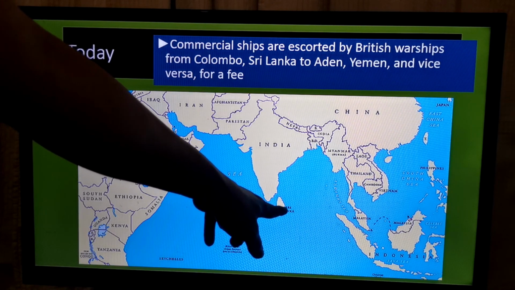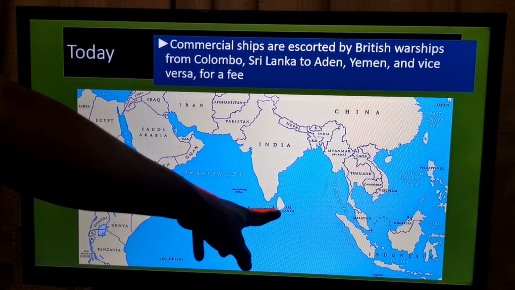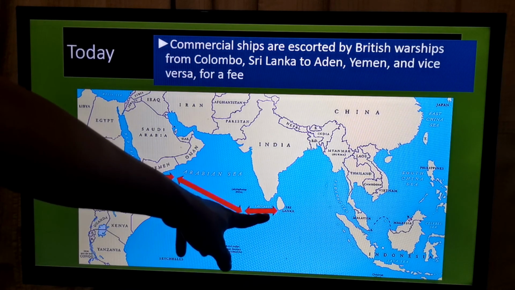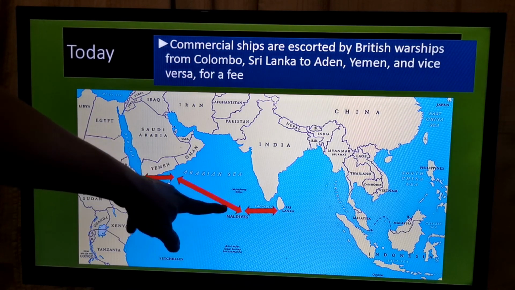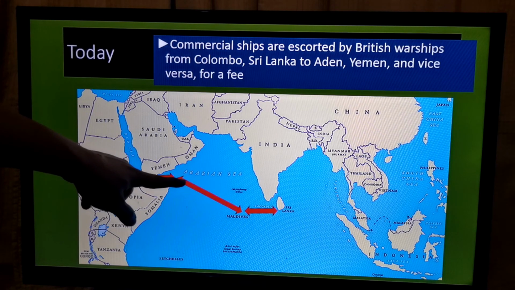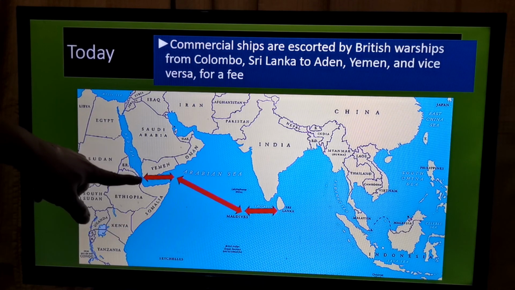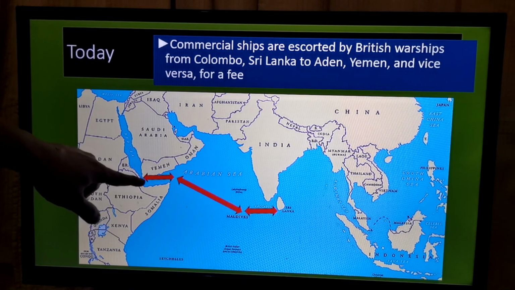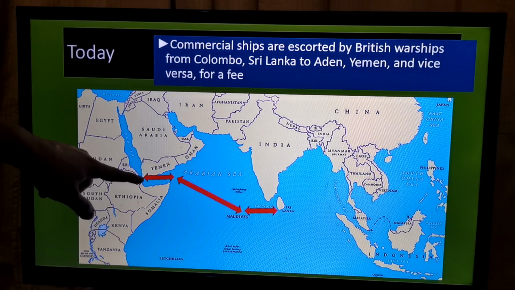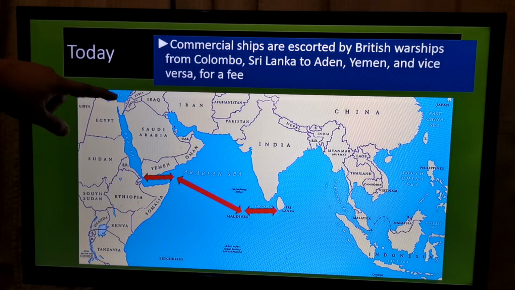And if you are a ship from the Far East going to Europe, you stop by Colombo, and then you would have an escort, a British warship that would sail beside you and protect you as you pass by Somalia until you reach a safe place here in Yemen, the city of Aden. Okay, so there's a city here called Aden. And when you reach here, you are already safe. No Somali pirates anymore when you travel the Red Sea going to Europe.